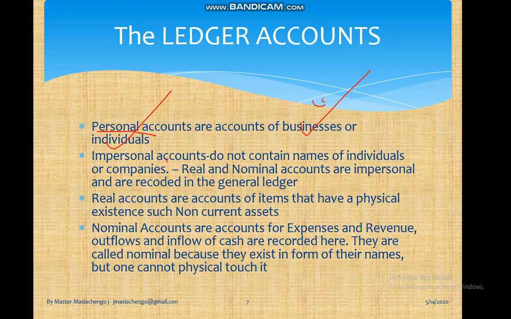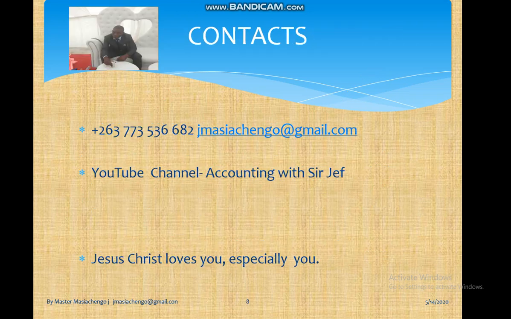Impersonal accounts do not involve individuals or companies, so we call them real accounts. On the real accounts, we are recording our physical assets. On our nominal accounts, we record our expenses and our revenues. I think this one is clear for everyone.